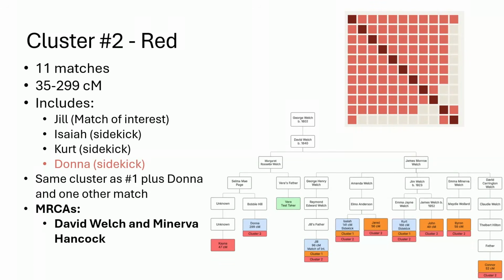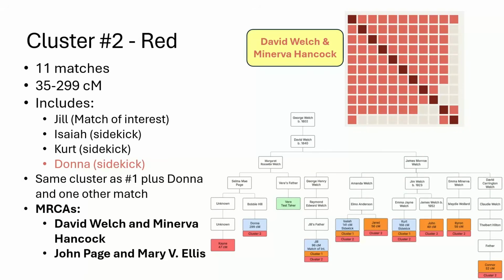The 2 matches that were added are here on the left of the diagram, descendants of Selma Page, and they are also descendants of Margaret Rosetta Welch, which is Vera's grandmother. So now we have all of the people here descending from David Welch. So the common ancestor is David Welch and his wife Minerva Hancock.